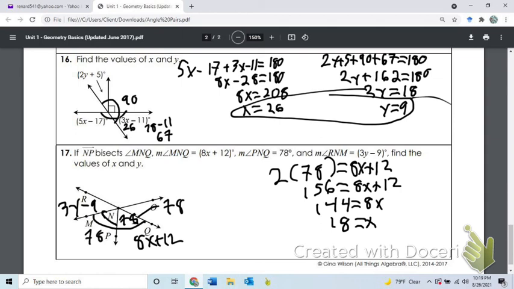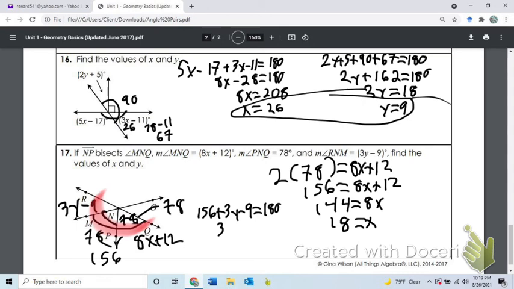Since we know that those two angles are 156, and we know that they form a straight angle with angle RNM, we can go 156 plus RNM, 3y minus 9, equals 180. So that big angle right there is 180.